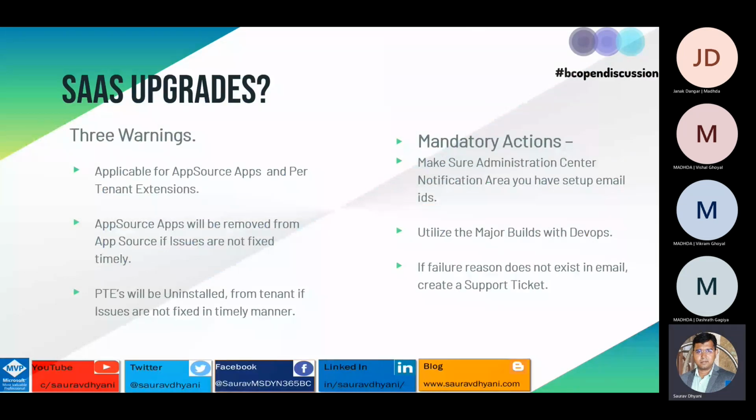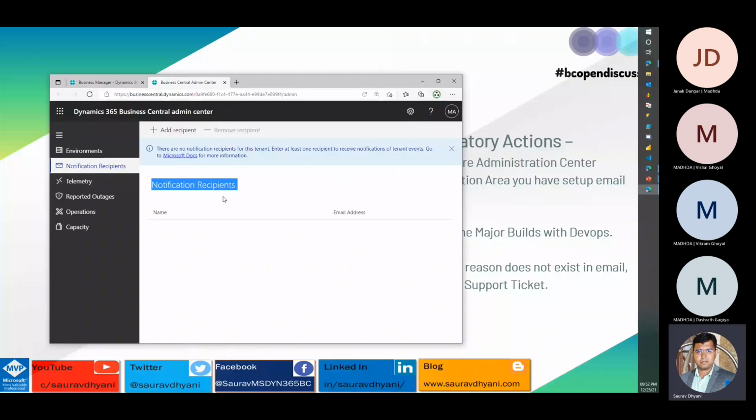If there are problems, if the tenant has been upgraded, if the upgrade failed, all kinds of emails will be received by all the people whose email addresses are listed in the notification recipients area. So it's very important that for all your SaaS customers, you have an email group with multiple people who will get these notifications as the upgrades happen automatically in SaaS.